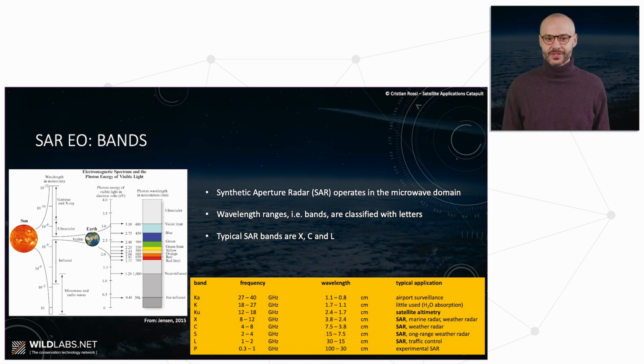The name is its own letter, and you see the different naming in this table. The most used bands in synthetic aperture radar are the X band, C band, and L band. They operate at different frequencies, and while X band has a shorter wavelength, L band has a slightly larger wavelength. In this case we are talking about wavelengths of centimeters, which is much larger than what we described before for optical data.